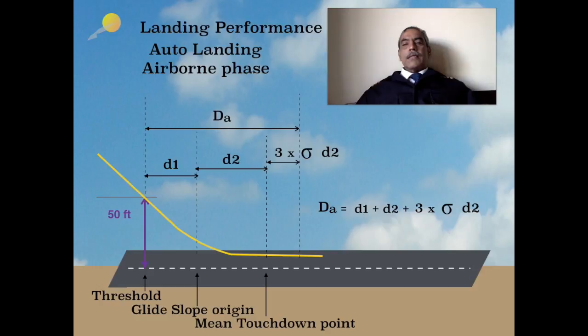These are all simulated over thousands and thousands of landings in a simulator, not in a physical simulator, but in a computer simulator. And then the average distances have been taken, and then we find out how much the deviation is, at maximum how much deviation and the minimum how much deviation, and then we add an increment and arrive at this DA, which is equal to D1 plus D2 and 3 times standard deviation of D2. So this is the airborne phase of the auto land.